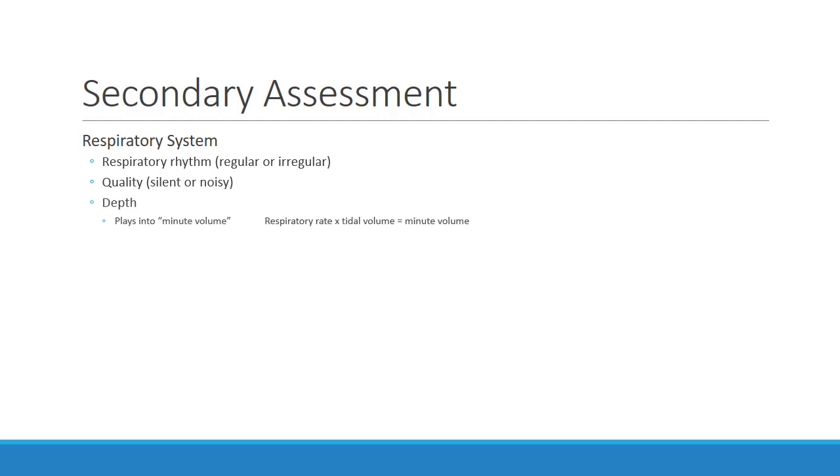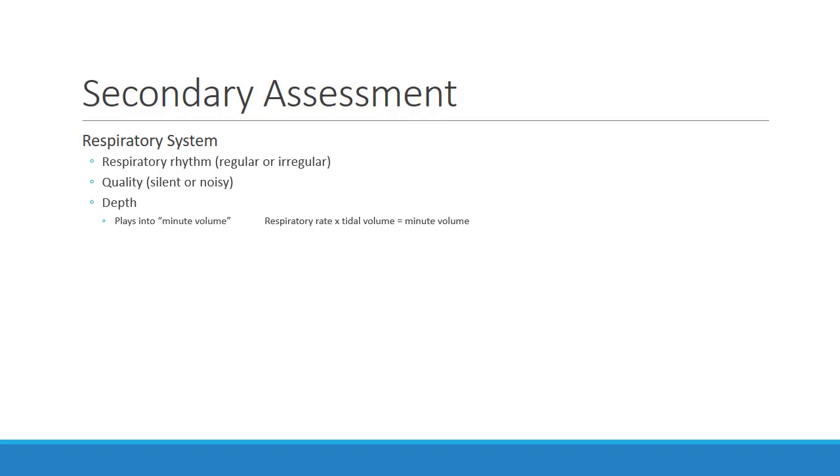We want to look at the depth. Do they have an adequate depth? This plays into what we call minute volume. Minute volume is a mathematical calculation of respiratory rate times the tidal volume. Respiratory rate is how many times per minute that we're breathing.